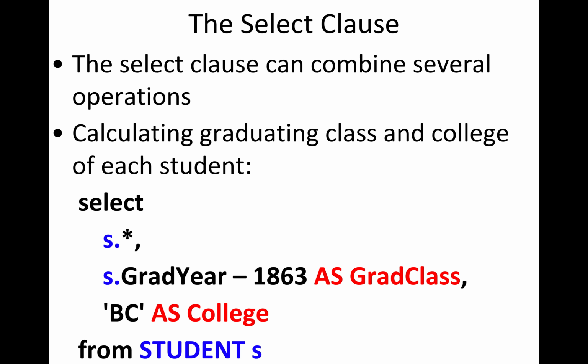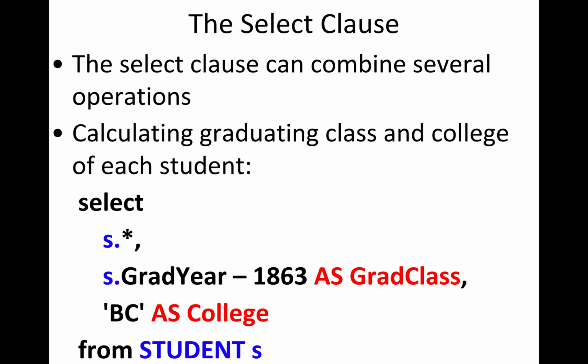We are subtracting 1863 from the graduation year, and renaming this brand new field graduation class. This is not a field that actually exists. Any field that can be calculated on the fly should not be stored in the database in the first place. Anything that can be calculated, you don't want stored in the database.